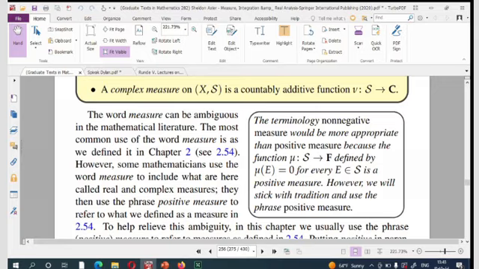Okay, and the terminology non-negative measure would be more appropriate than positive measure, because the function mu from S to F defined by mu of E equal to 0 for every E is a positive measure. However, we will stick with tradition and use the phrase positive measure. Okay.